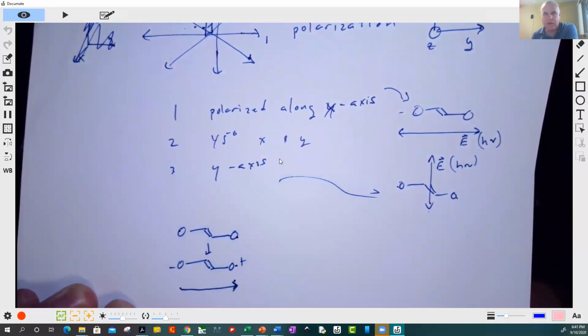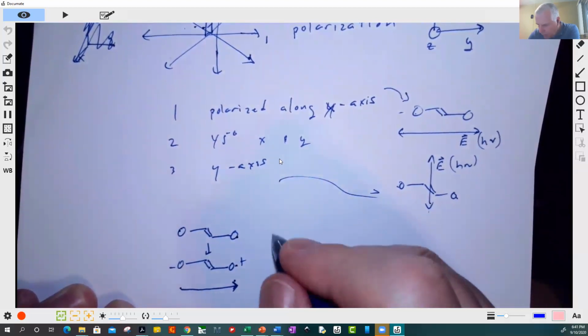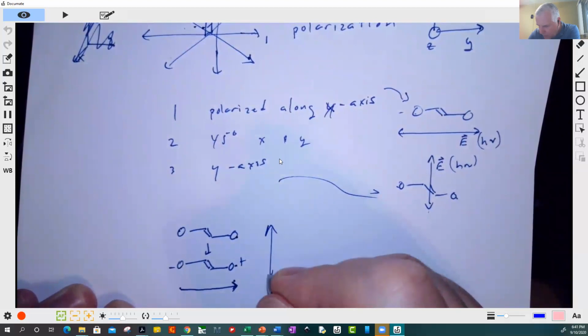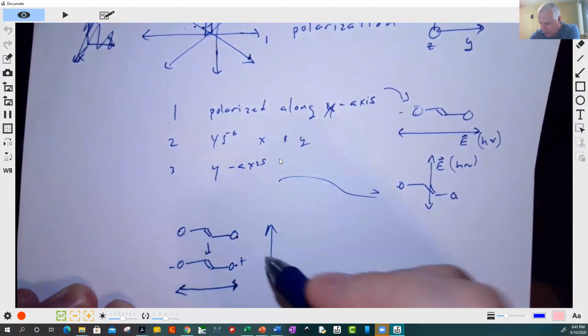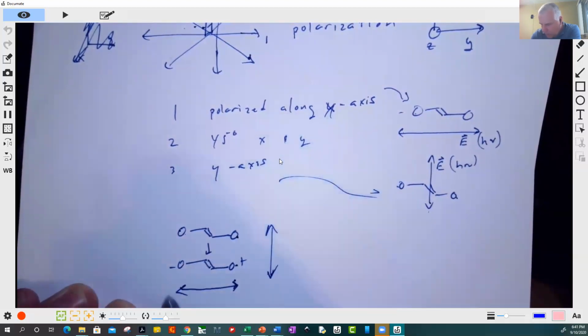Right? So now, if the electric field is in this direction versus this direction, which of these 2 electric fields can do the work to move the electron from this end to this end? The electric field in this direction or the electric field in this direction? The horizontal one?